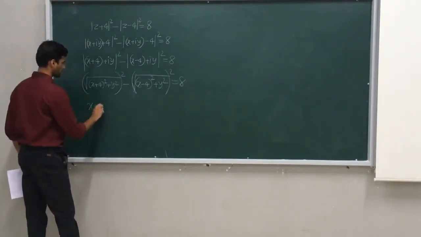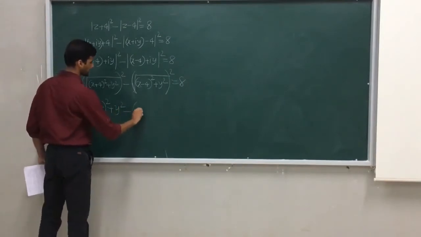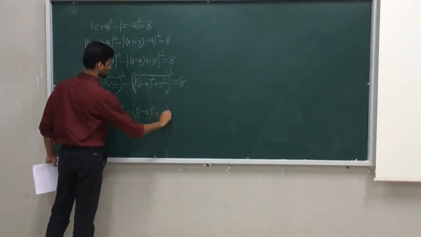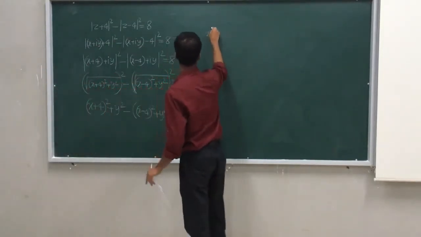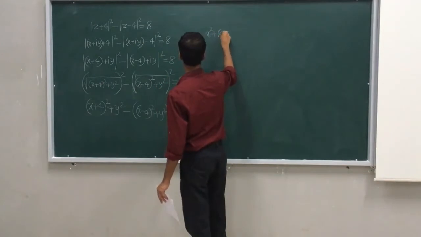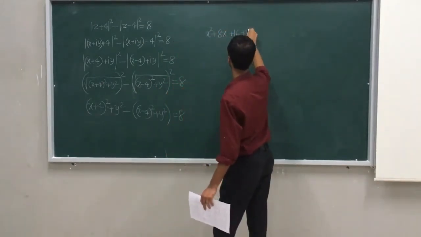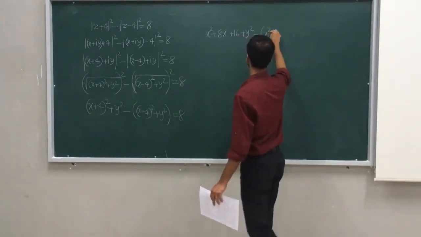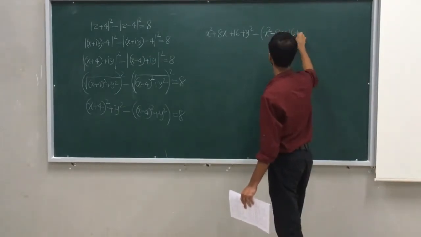You will have x plus 4 the whole square plus y square minus x minus 4 the whole square plus y square equal to 8. So when expanded, this becomes x square plus 8x plus 16 plus y square minus x square minus 8x plus 16 plus y square.